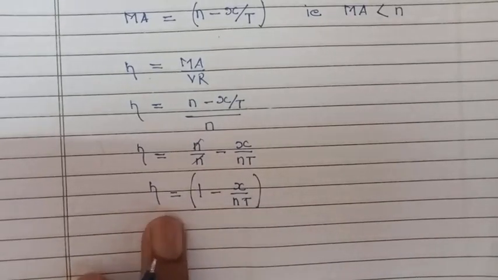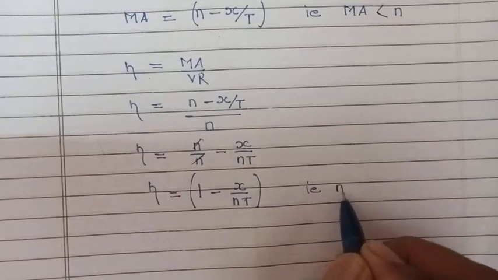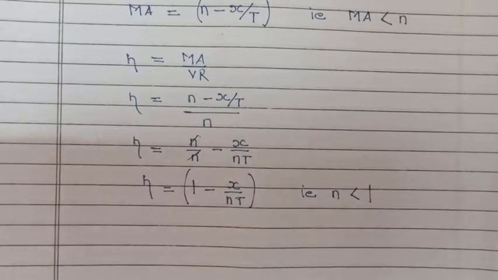So you can see you are getting efficiency less than 1. So this was required. Hope this section is clear to you all. In the next video, I will post the solution for section B.